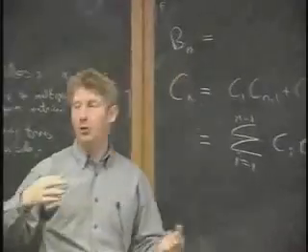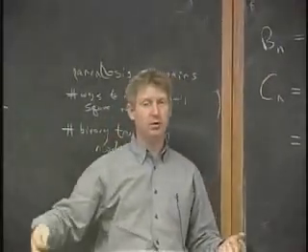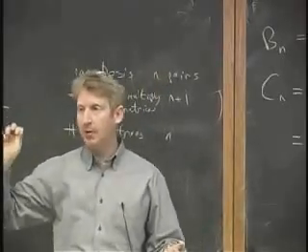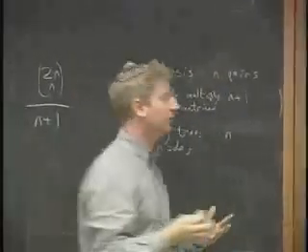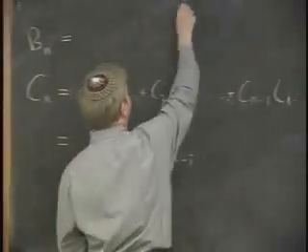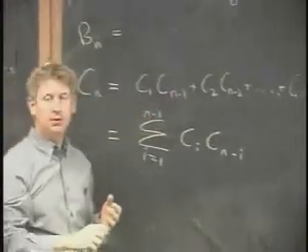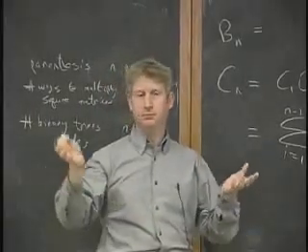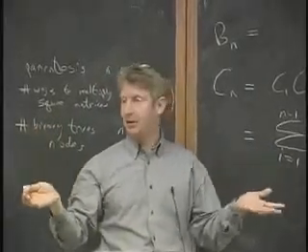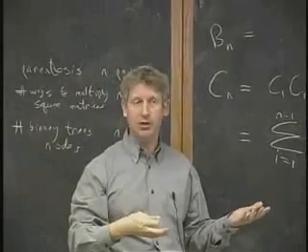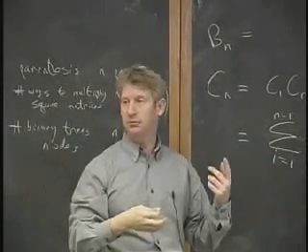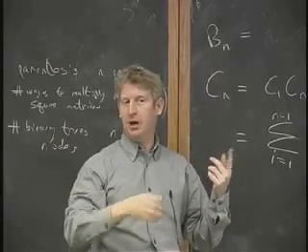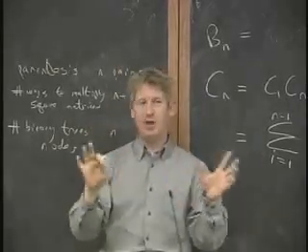I'll give you a hint. Don't put it at the bottom. That's harder to do. Put the new node at the top. How many new ways can I make a new binary tree? I always put the new node at the top. Okay, there it is. How can I continue? I got two sides, right? The left side can be any binary tree as long as, well, the sum of the two have to have n minus 1.